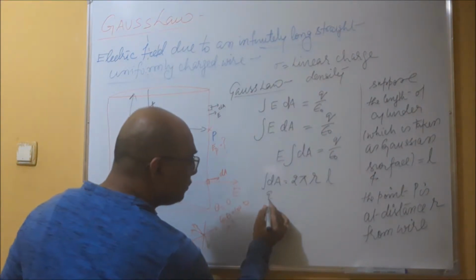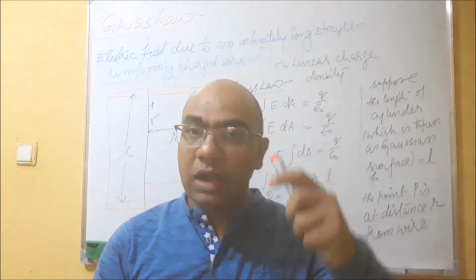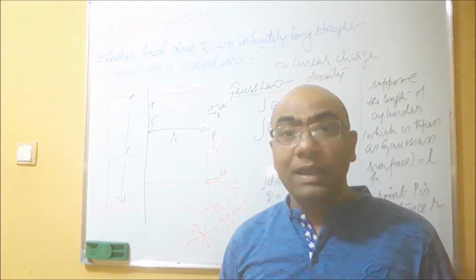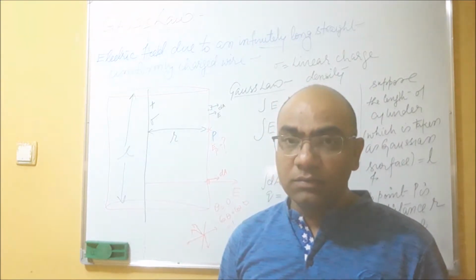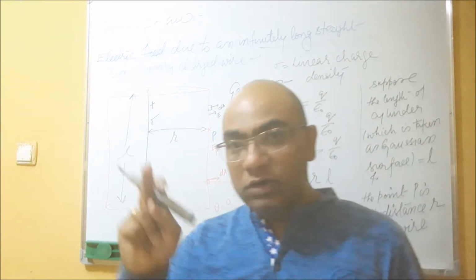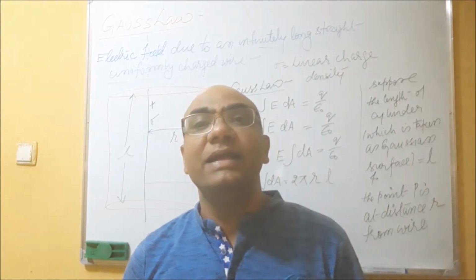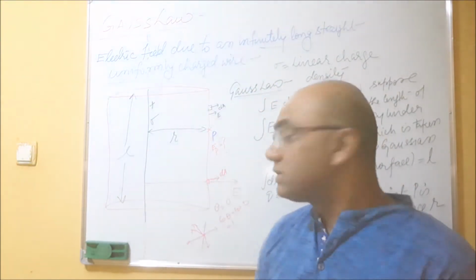Now you see what is the value of Q. So what is Q? Q is the charge which is enclosed inside this Gaussian surface, right? According to Gauss theorem, Q is the charge enclosed inside the Gaussian surface.